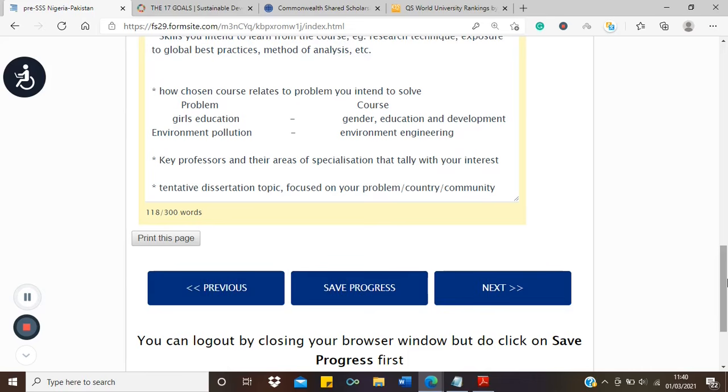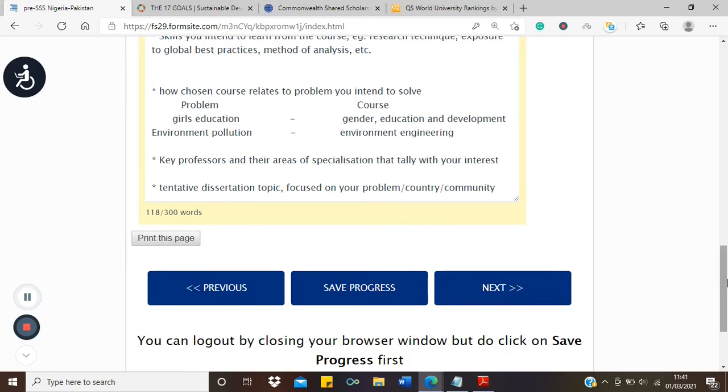So if your problem is getting girls to school because girls are disproportionately out of school in your country because of a number of factors, you could say you want to study gender, education and development, because this course will equip you with analysis to show you the problems and causes of disproportional educational outcomes, and also give you insights into ways of addressing this problem, and teach you best practices around the world.